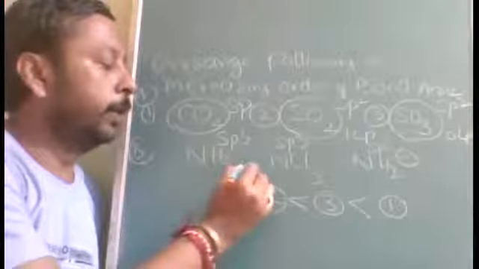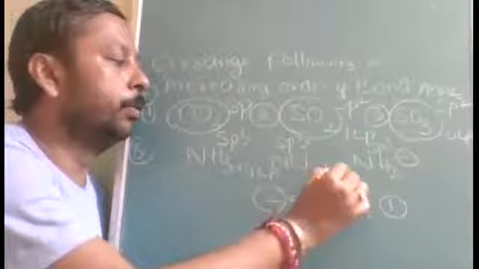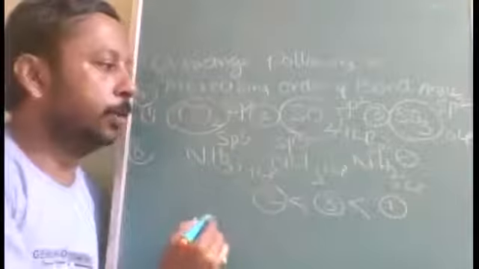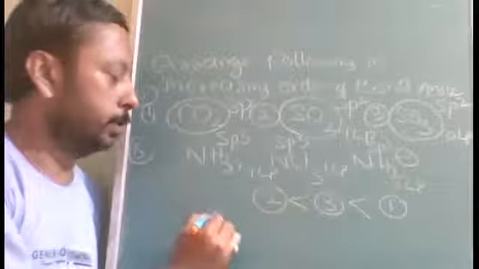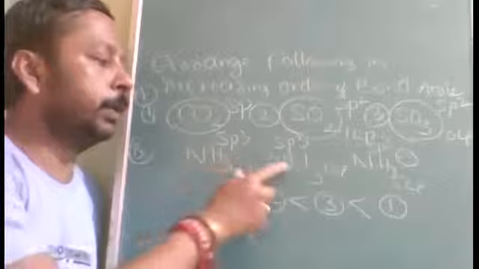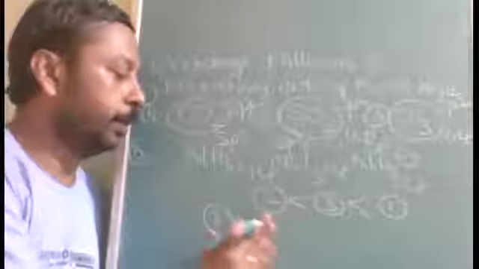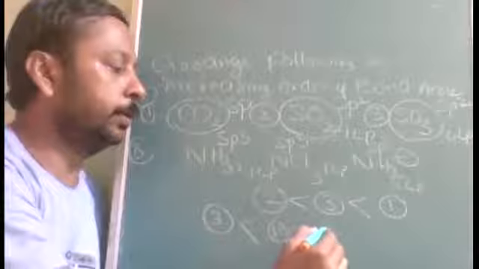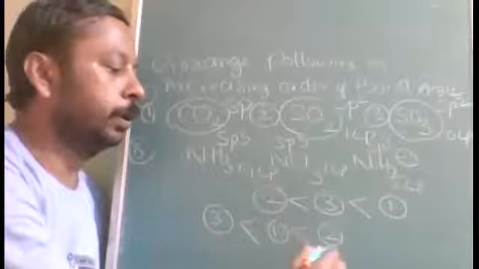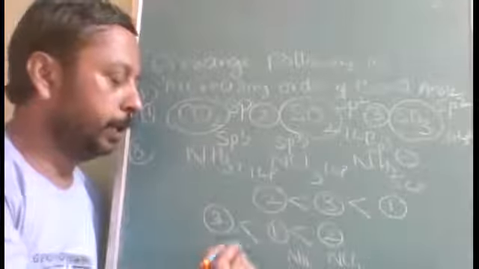So here one lone pair, there two lone pairs. When lone pairs increase, bond angle decreases. So the lowest bond angle will be the third one. Then if the lone pairs are also the same, we should see the electronegativity of the central atom. That is also the same. So NH3 will have less bond angle, and the largest bond angle possible is in NCl3. This is NCl3, this is NH3, and this is NH2 minus.